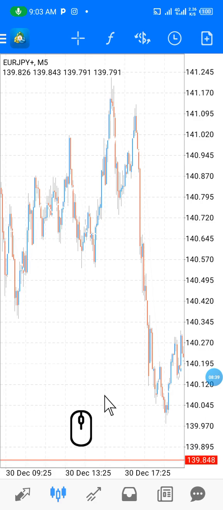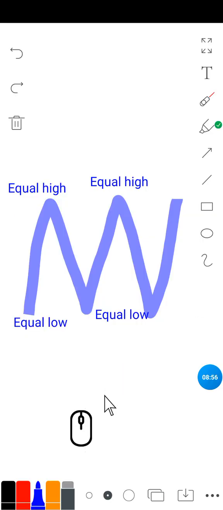For the bull trend, market gives us higher highs and higher lows. For the bear trend, market gives us lower lows and lower highs. Now for a range market, or a ranging market, we get equal highs and equal lows. What do we mean by that? At this point, this is a ranging market.